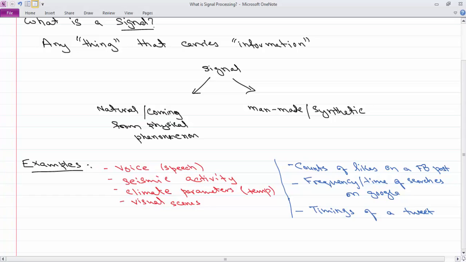What is being searched, Google keeps track of that. That's valuable information for advertisers. When calls are made, where they are made, that's valuable information to, for example, intelligence agencies.